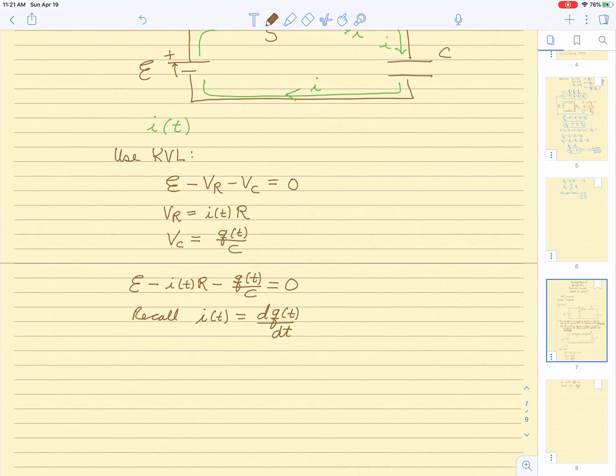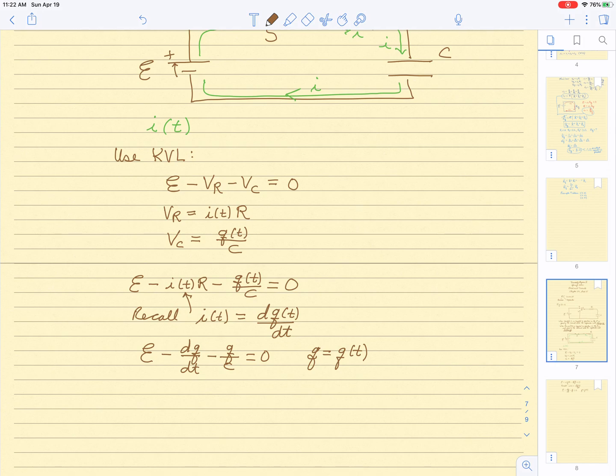And consequently, we could make that substitution into Kirchhoff's voltage law. So we will have then E minus dq/dt times R minus Q over C is equal to 0. And keep in mind that Q is a function of t, but I'll stop writing that so that the equation looks a little bit more streamlined.